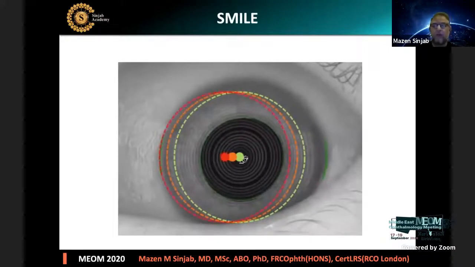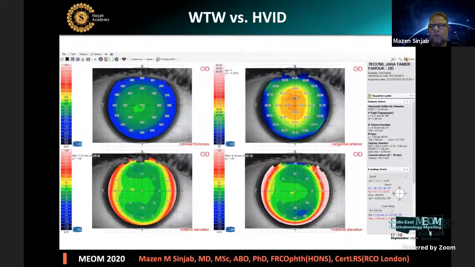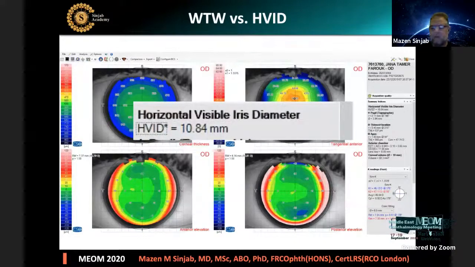And if it is very abnormal, we are cutting the limbus. And in this case, the dissection will be very difficult, and of course, there will be some complications. This is why white-to-white is very important in all types of refractive surgery, not only for lens implantation. Of course, there are some definitions of the white-to-white, like horizontal visible iris diameter and so on.